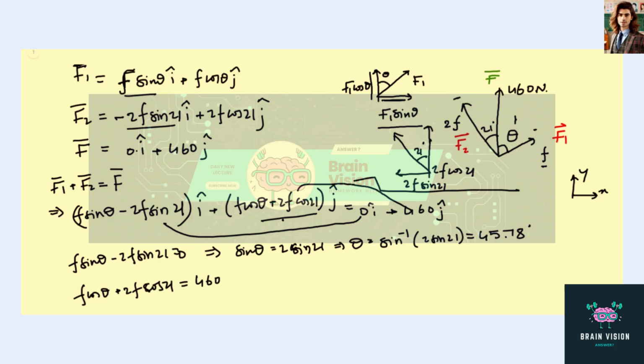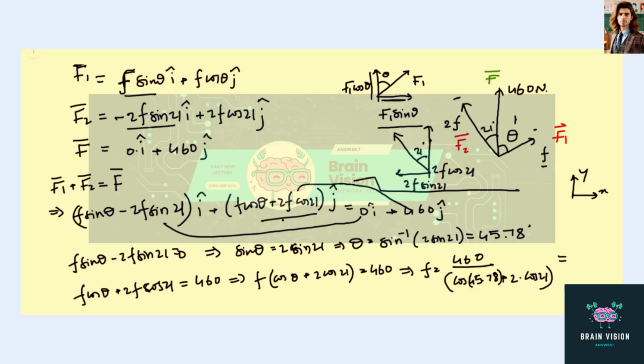Now we can take f common here, and we can write it as f multiplied by cos theta plus 2 cos 21 is 460, which means f is 460 divided by cos 45.78 plus 2 times cos 21.